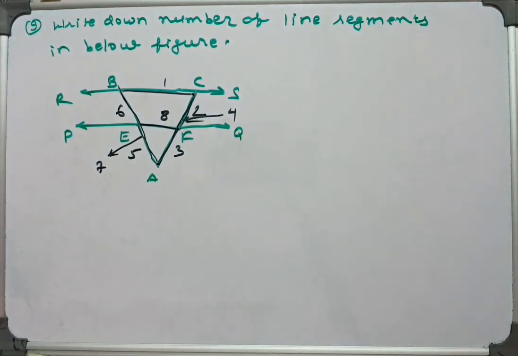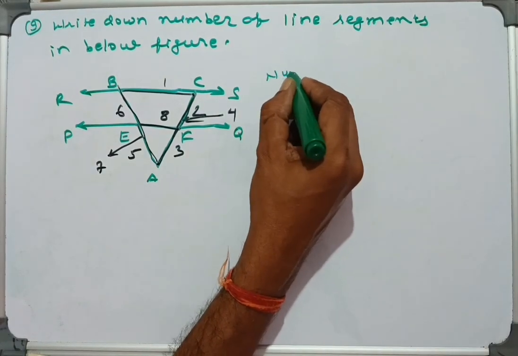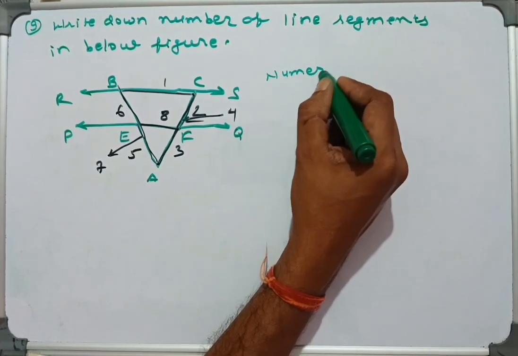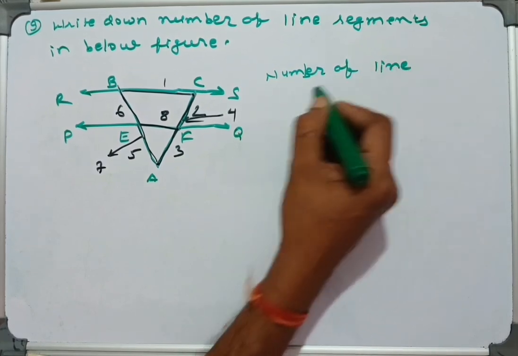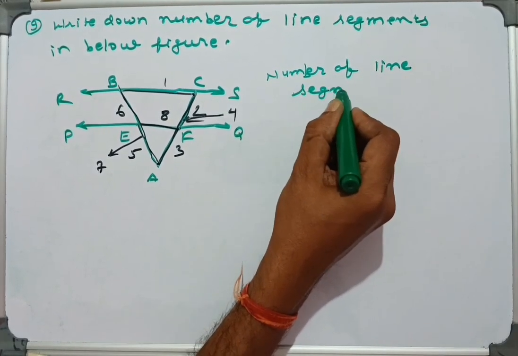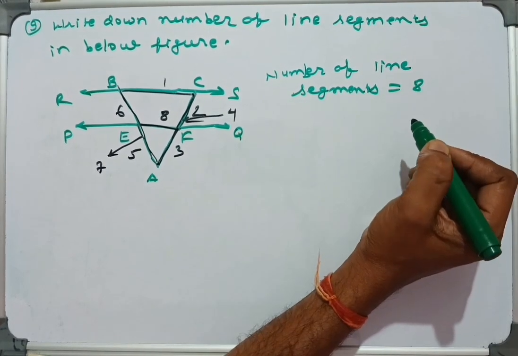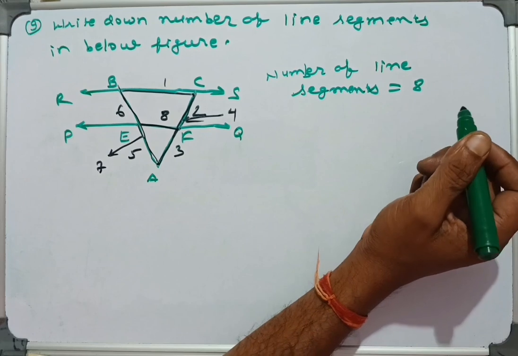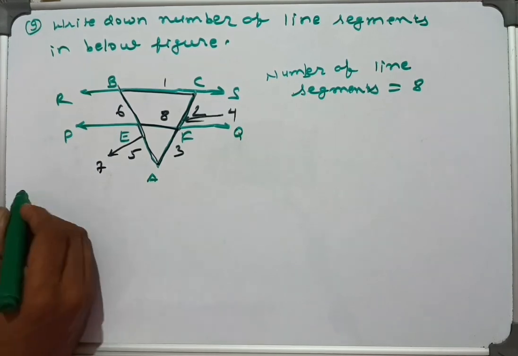So the total number of line segments here is equal to 8. Okay, now take another example, the 10th one.